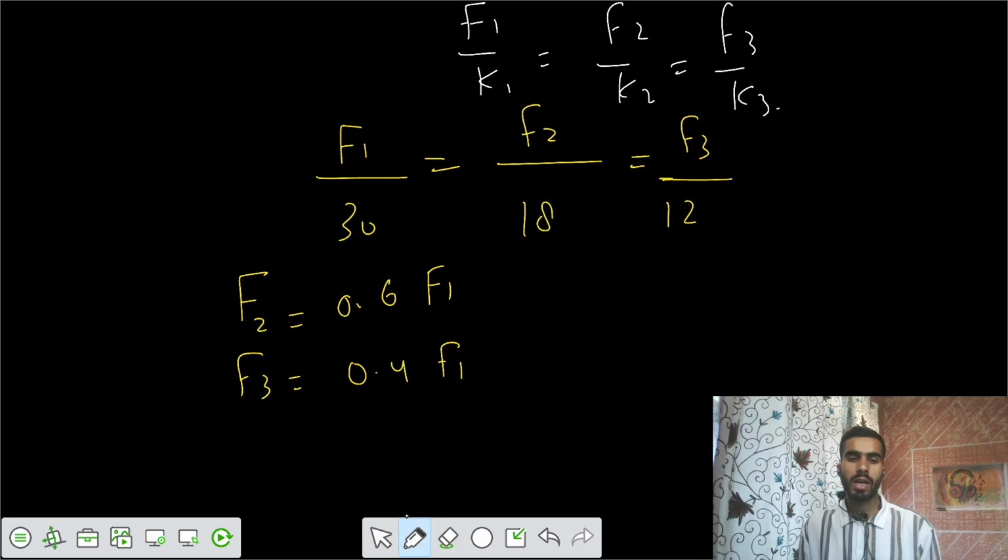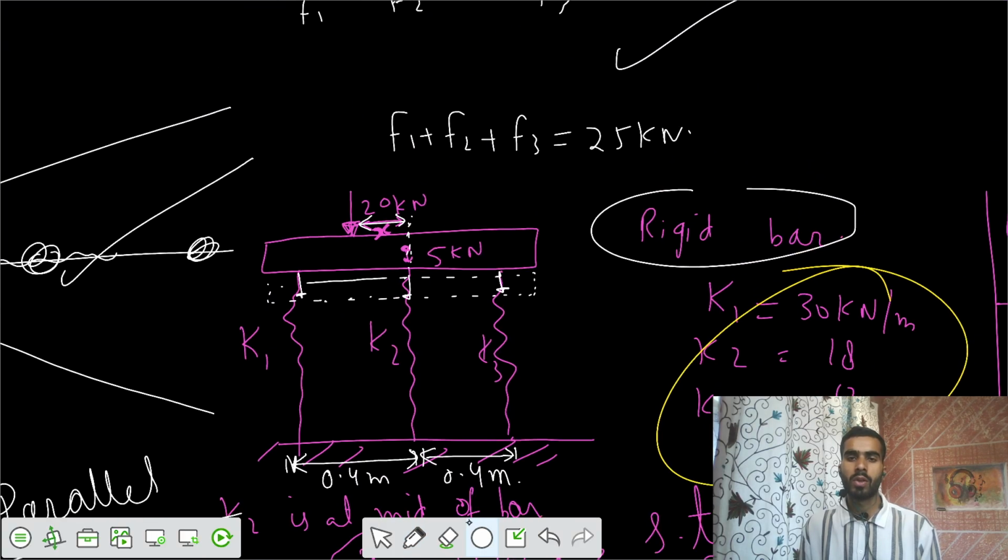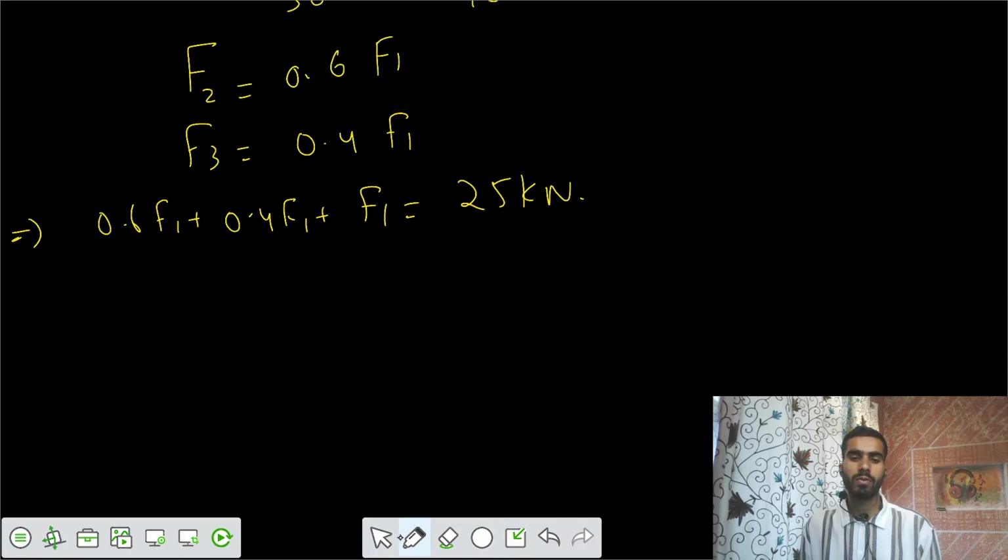So I can say 0.6 F1 plus 0.4 F1 plus F1 equals 25 kilonewton, since F1 plus F2 plus F3 equals 25 kilonewton, and I can get the value of F1.